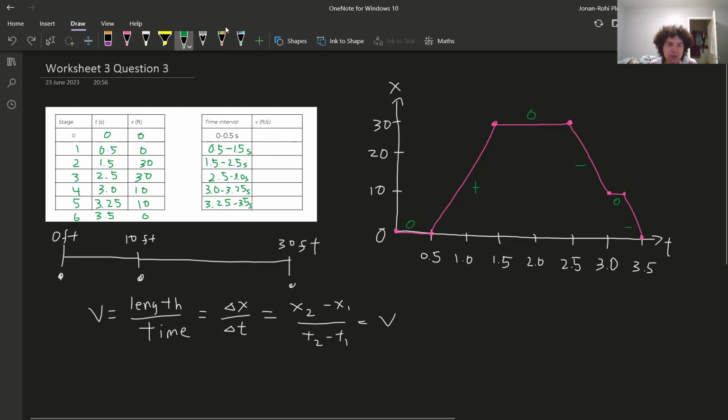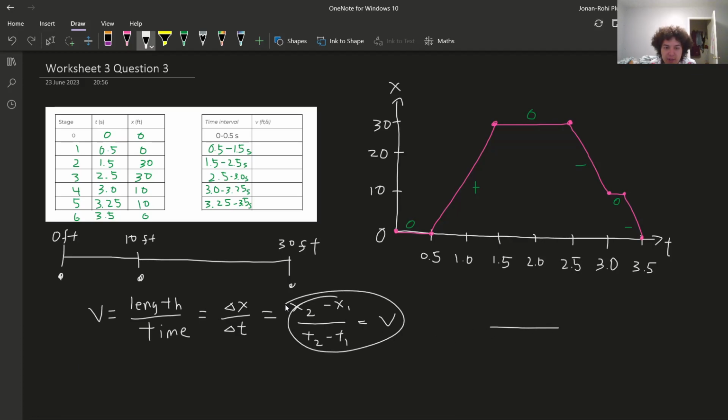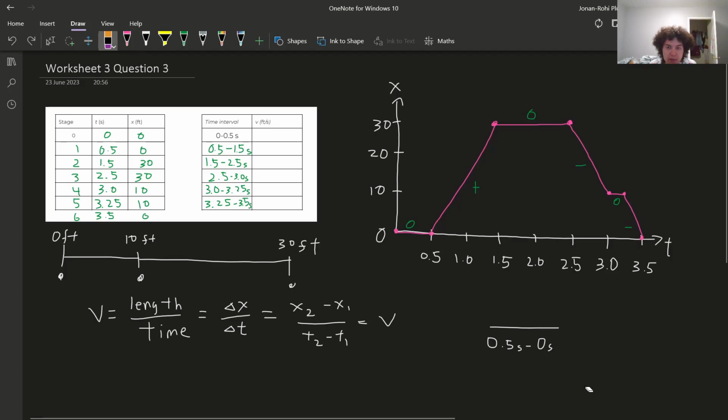So for our first velocity, 0 and 0.5, the denominator of this equation is 0.5 seconds minus 0 seconds, and that resolves to just 0.5. So the denominator is 0.5 seconds.